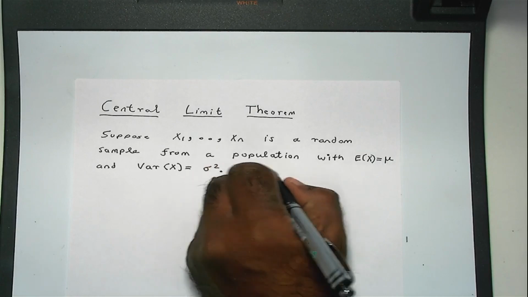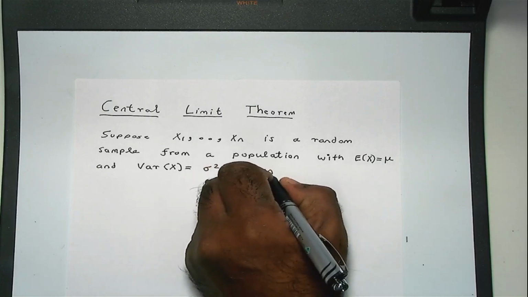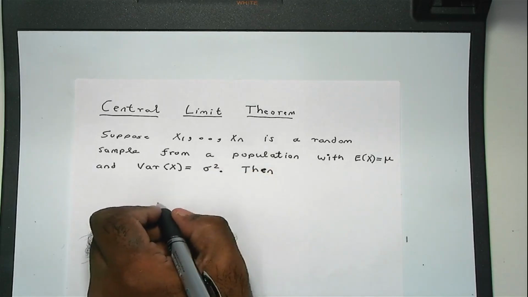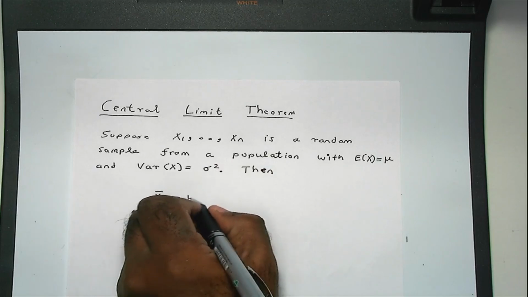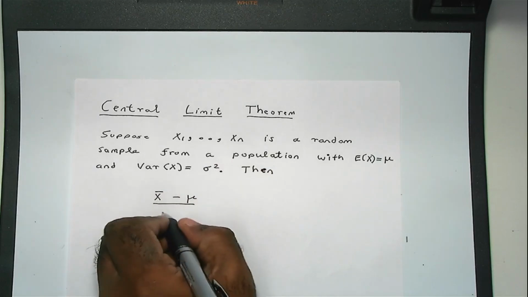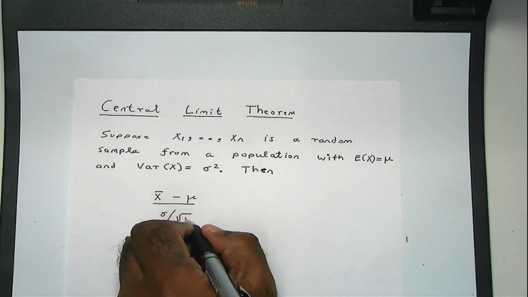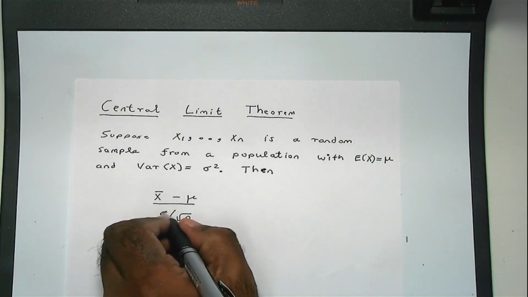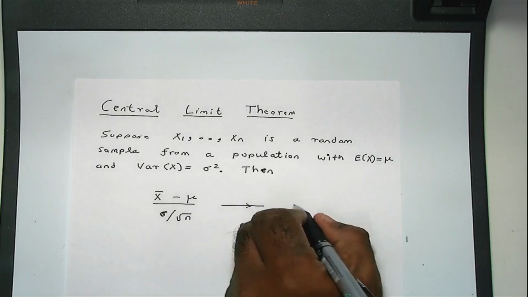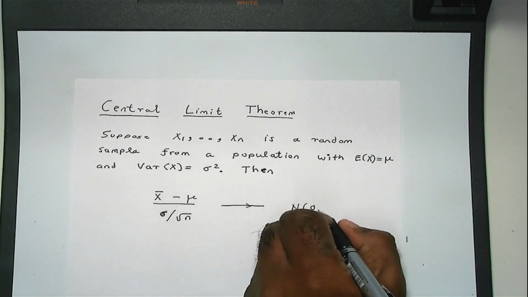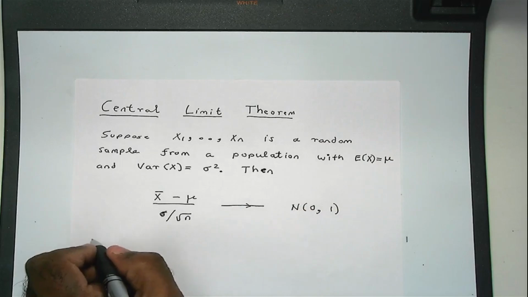Then the central limit theorem says the following, that x bar, the sample mean, minus mu divided by this, right, approaches the standard normal variable as n approaches infinity.